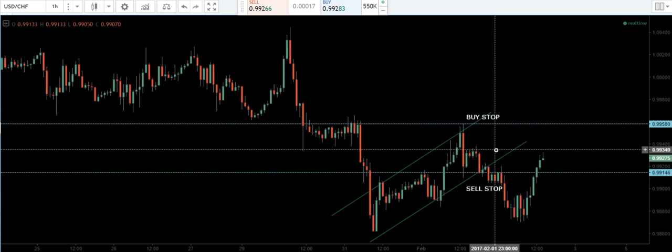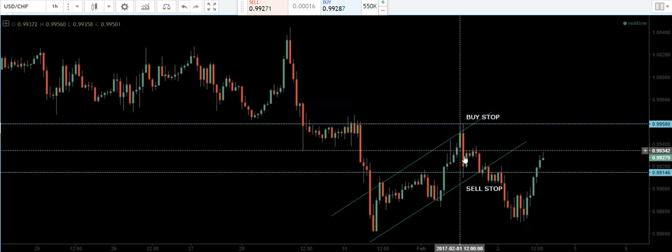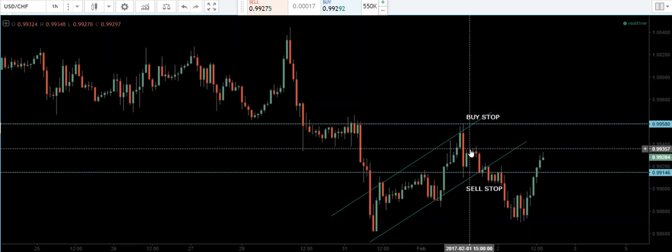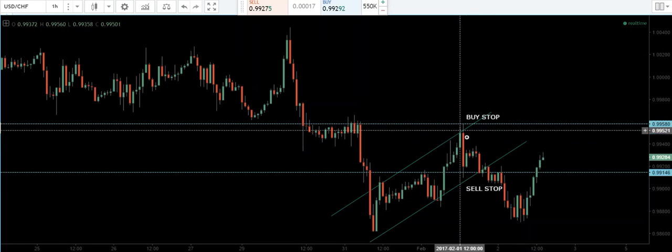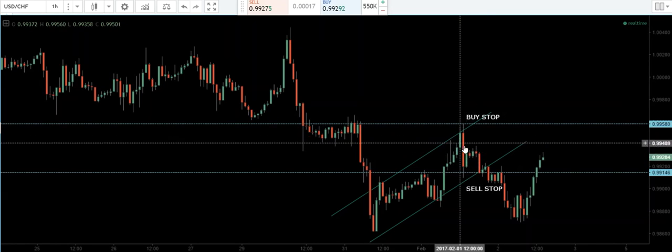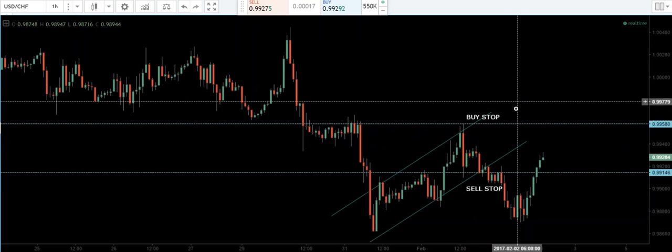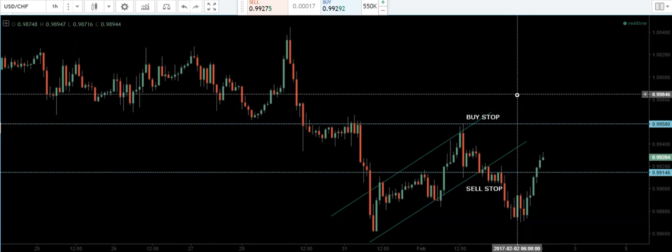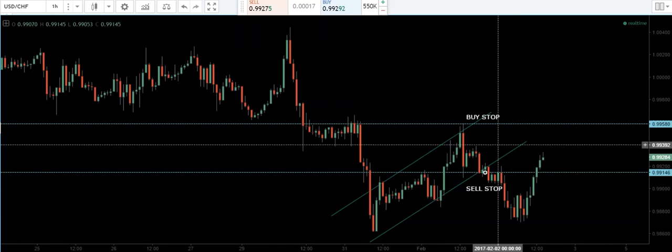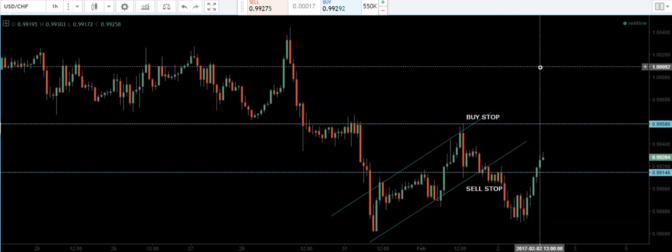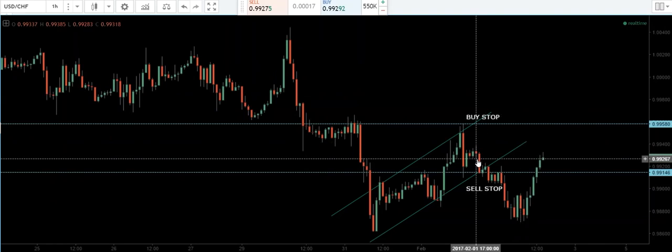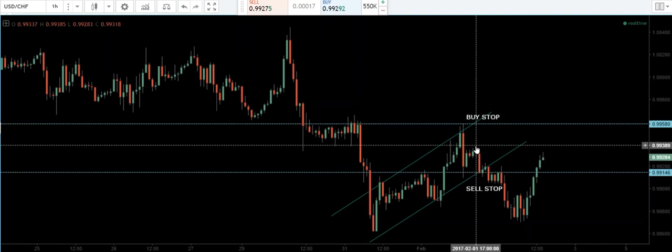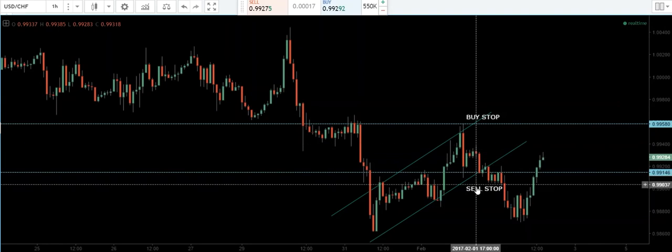So what you could do is, right when price is right in this area here, you could place a buy stop entry order at this price. And so what that would do is that if price moved to the upside, it would trigger this buy stop, and then you would be into the trade long, okay? With price moving to the upside, ideally. The other thing that you could do would be to have a sell stop order, okay?